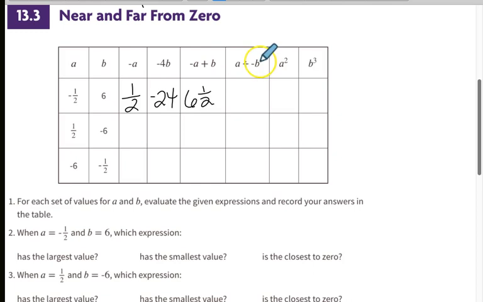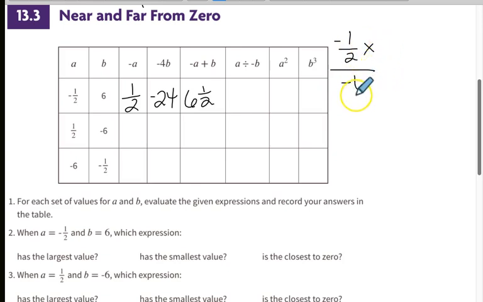A divided by the opposite of B. A is negative 1/2. I'm going to do that over here. Negative 1/2 divided by the opposite of B. So the opposite of 6 is negative 6. Well, I can't take a fraction and divide it, so I keep, change, and flip.